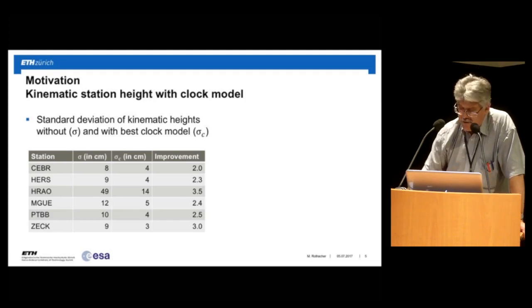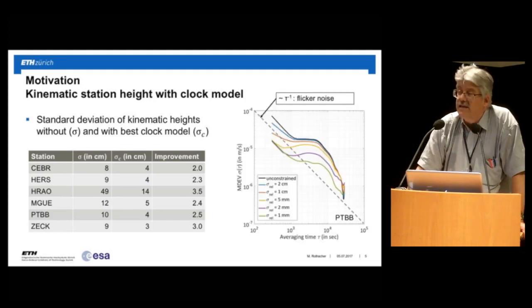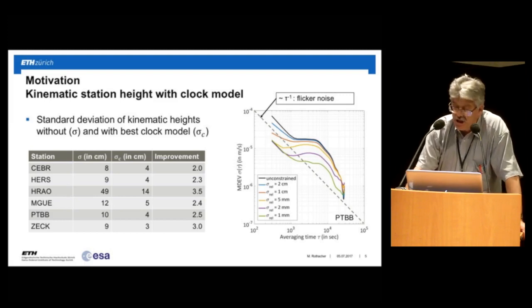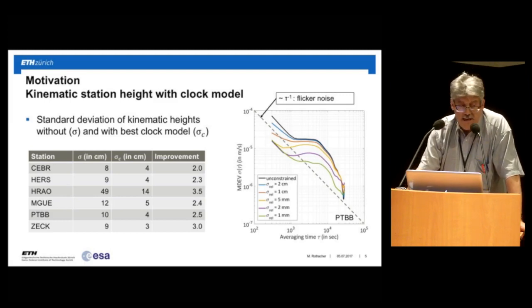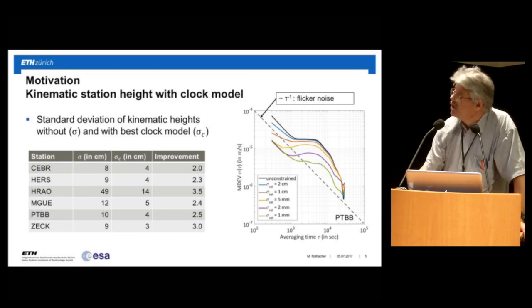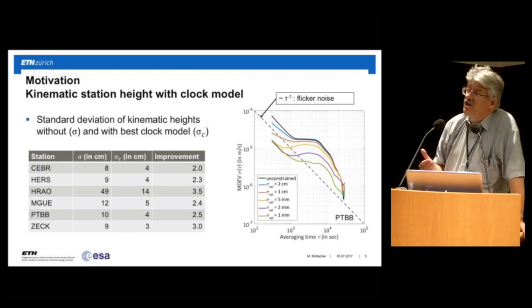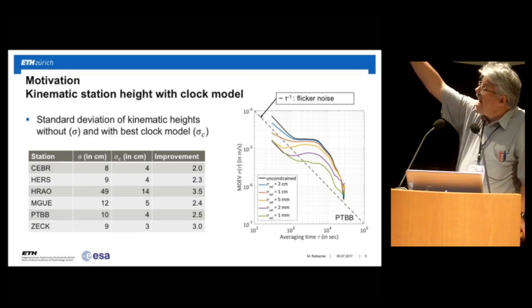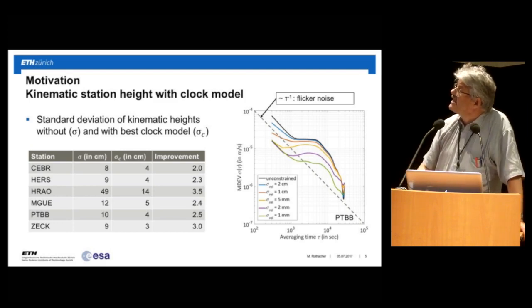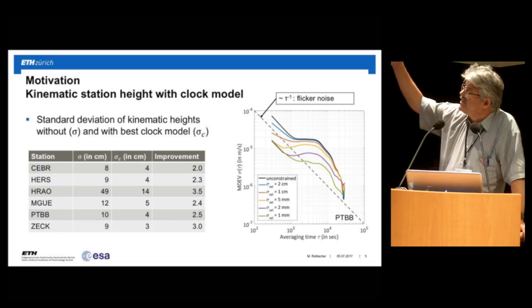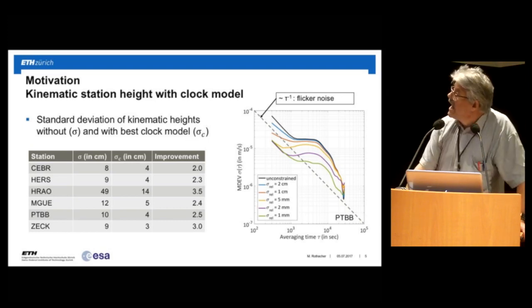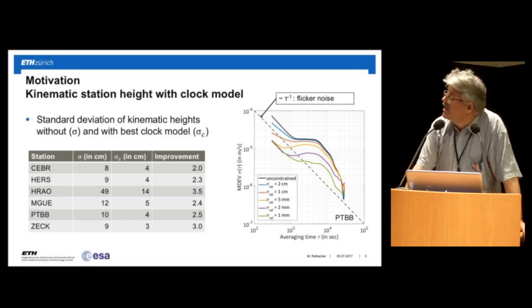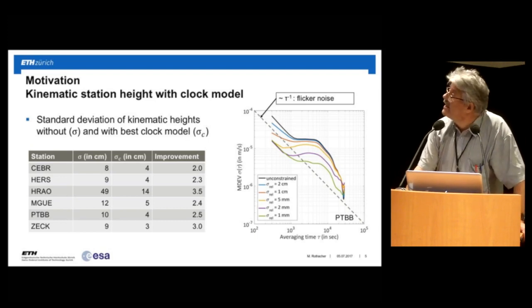Now, to go a step further, we were looking at the modified Allan deviation of these coordinates. So kinematic coordinates, look at them like clocks, and then see how they change when we change the constraint. And we start at a high level with no constraint, so this is the worst solution, and then you see that we go down to 1 millimeter constraint relative on the clocks, and you see that the improvement is quite dramatic.